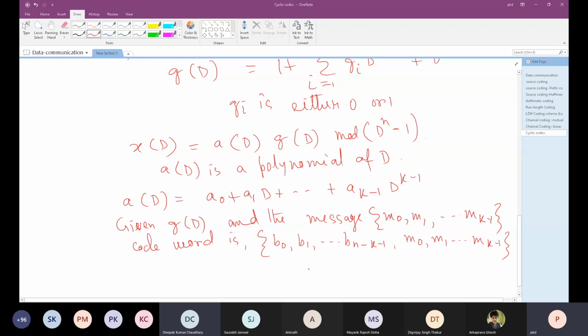These are the n minus k parity bits, and this is k message bits.